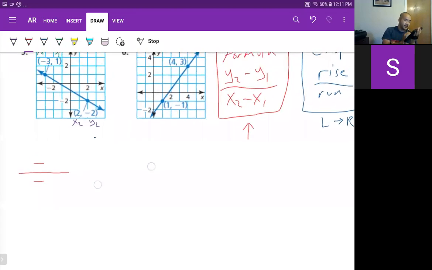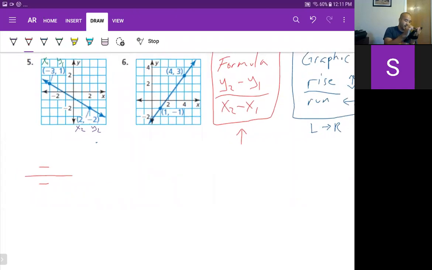So let's take these y's. So y2 was, where's my purple? There's y2 is -2 minus y1 is 1. x2 is 2. x1 is -3. So you just fit them into that formula, just like how it is.